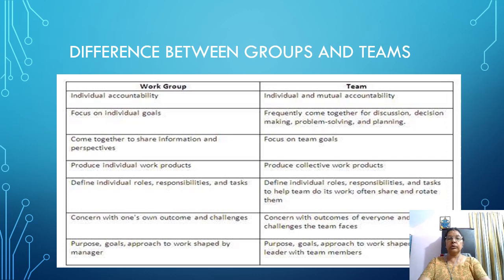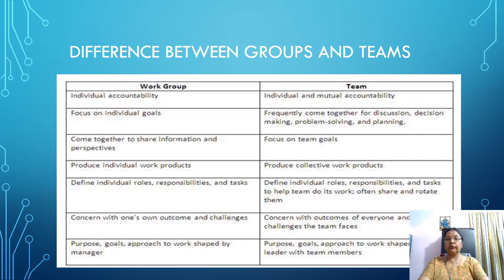In a group, the individual member is concerned about his own result or outcome and the challenges he faces, whereas the team as a whole is collectively responsible for whatever results they achieve and whatever challenges they are facing. So in groups, the goals of the group, the purpose of the group, and how they approach that particular work are mainly decided by the manager.